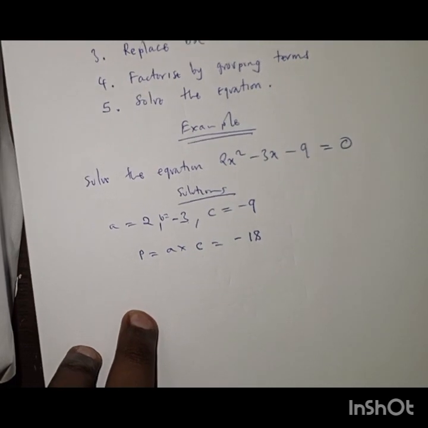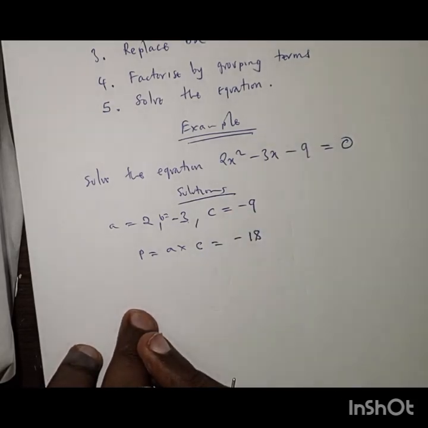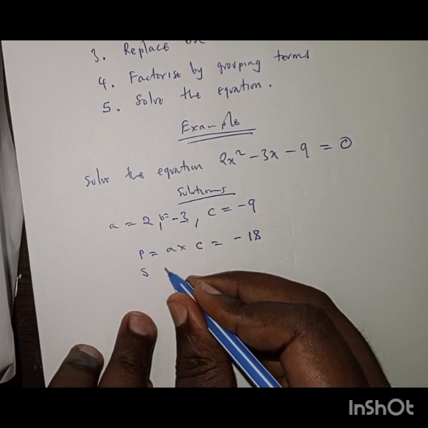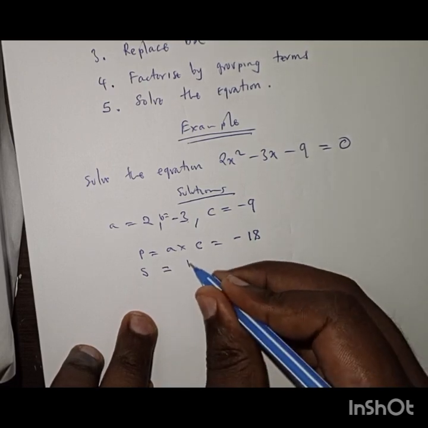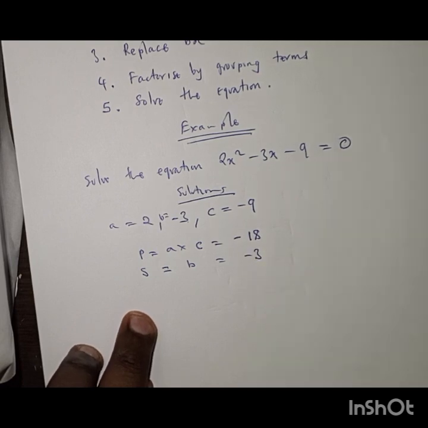Then we need to know the sum. Sum is just the value of b, which is -3.